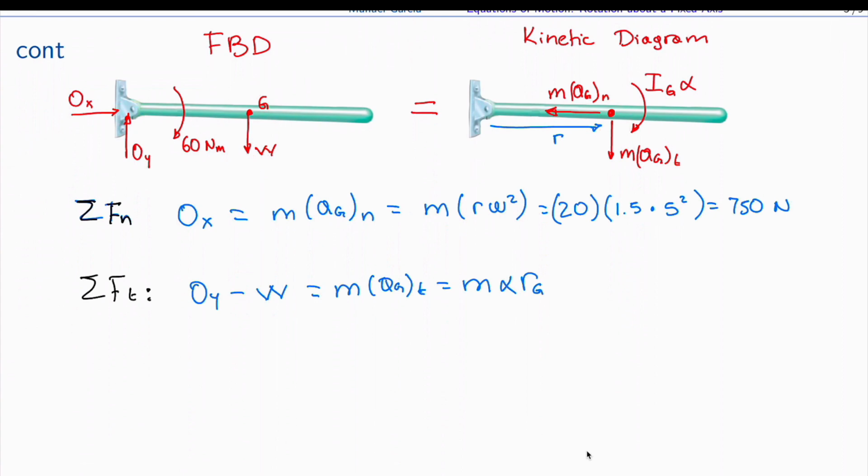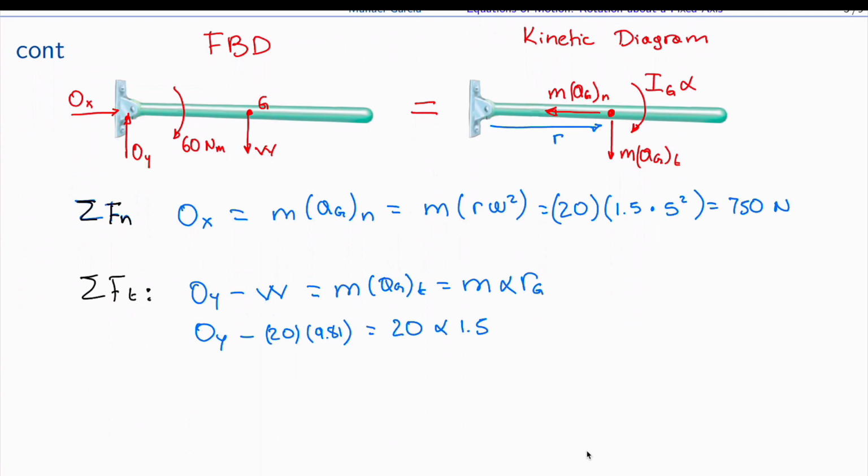So we can replace numerically. So we have OY, which is still unknown, minus the weight. We know the mass, which is 20, multiplied by the gravity, 9.81, equal to the mass here, which is 20, multiplied by alpha, which is unknown, and multiplied by Rg, which is 1.5.